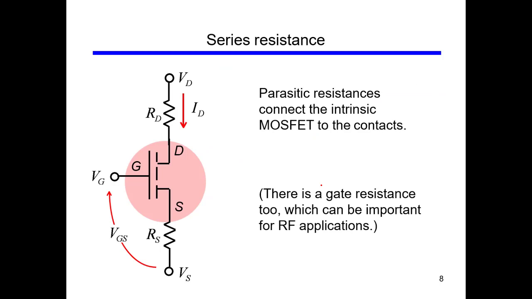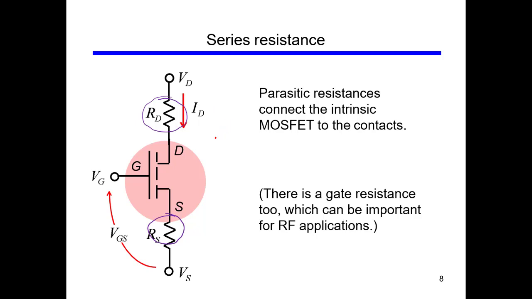Now you see, whenever you use the transistor, there are contacts, for example for VDD and for gate and for other things. So there is some resistance between the drain and the VDD, and between the source and the VS or ground. These are called parasitic resistances.